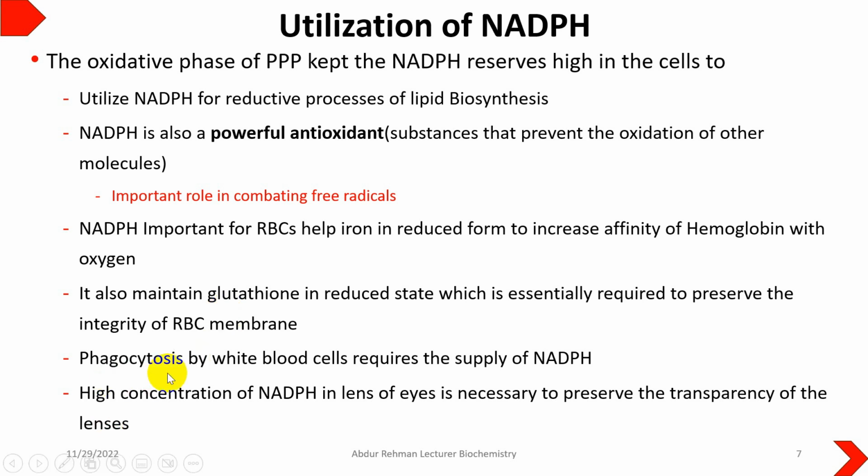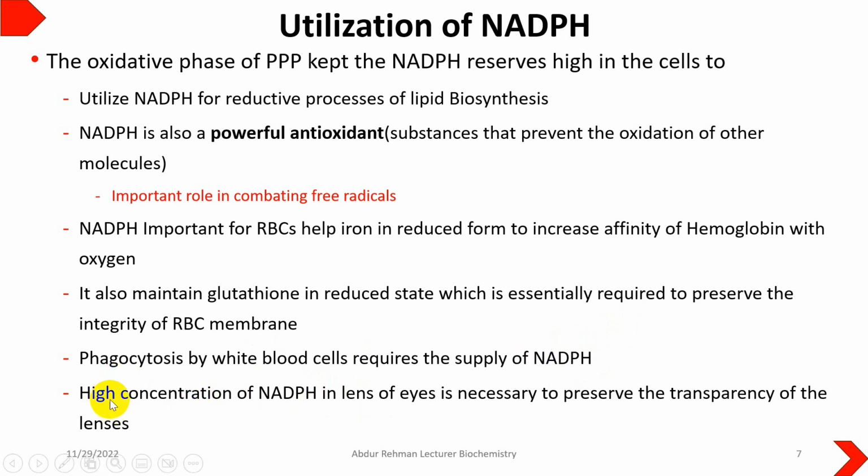Similarly, NADPH has a role in the phagocytosis process in white blood cells. You know that white blood cells are our immune force, and the tool they utilize for engulfing or destroying bacteria requires NADPH, which comes from the pentose phosphate pathway.